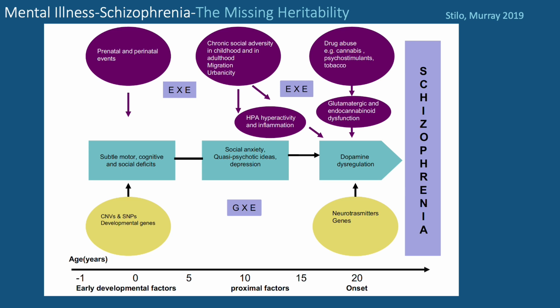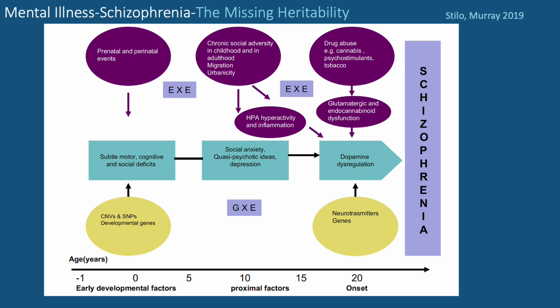Here, genes that contain variants associated with schizophrenia in those neurotransmitters or receptors for those neurotransmitters will be involved.